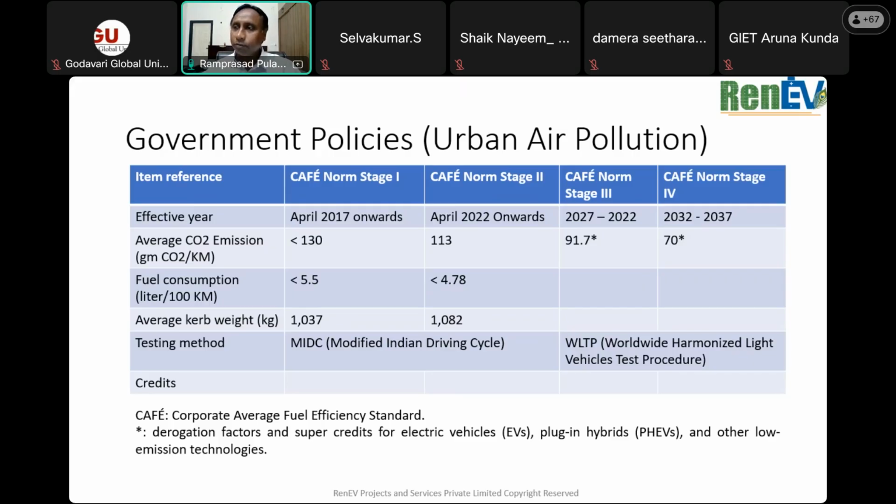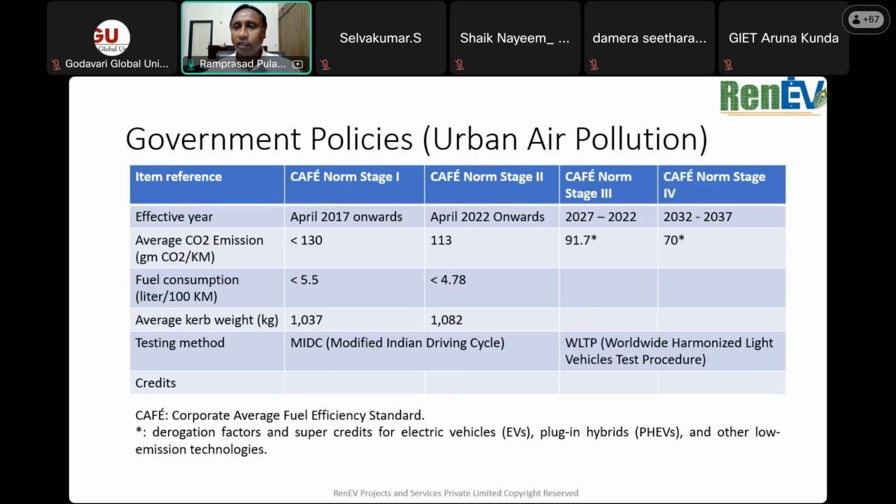If you have time at any point, please download this CAFE norm stage 3 draft regulation, which is available on the websites, and have a look at it. What is different from stage 1 and stage 2? In stage 3 there are derogation factors and super credits for electric vehicles, plug-in hybrids, and other low emission technologies.